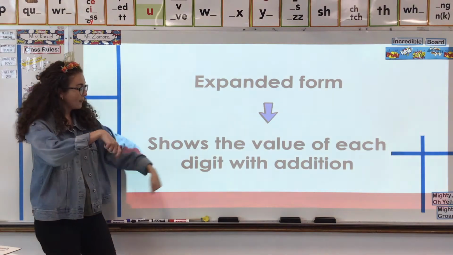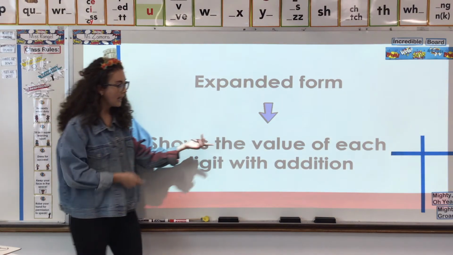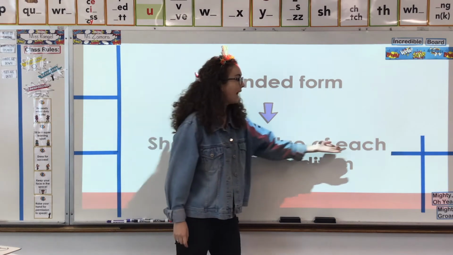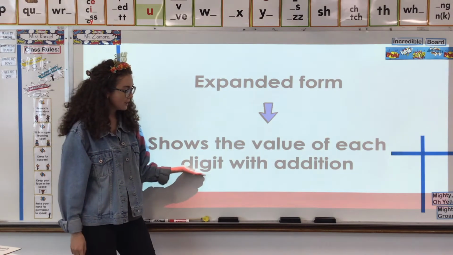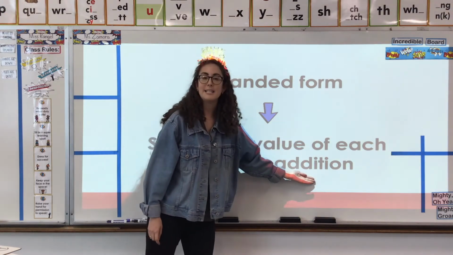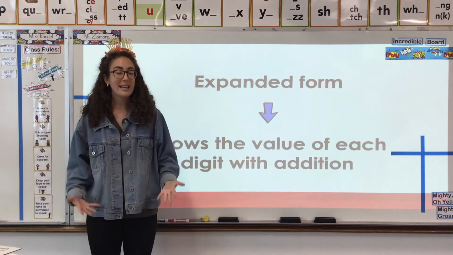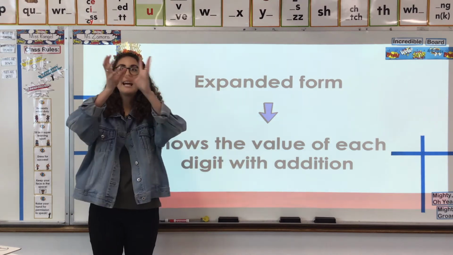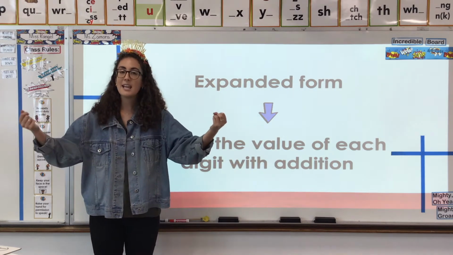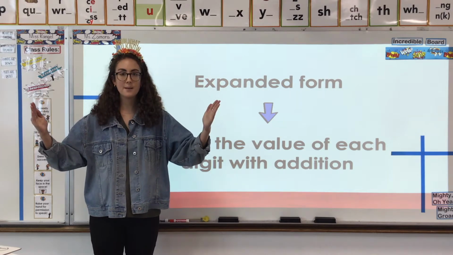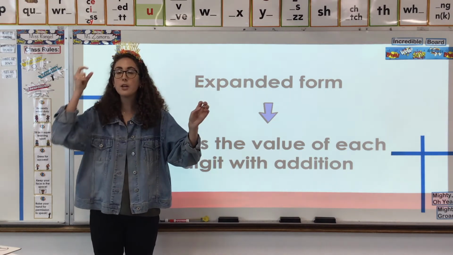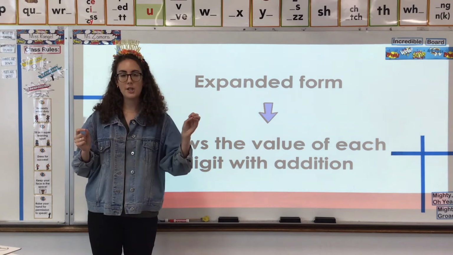In expanded form, it shows the value of each digit with addition. So in expanded form, we're expanding the number into an addition sentence that shows the value of each digit.